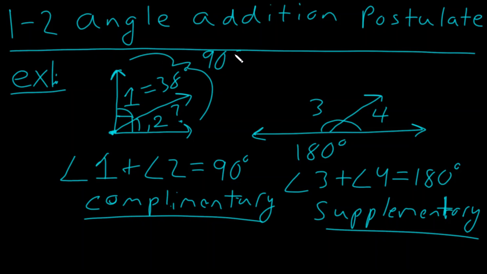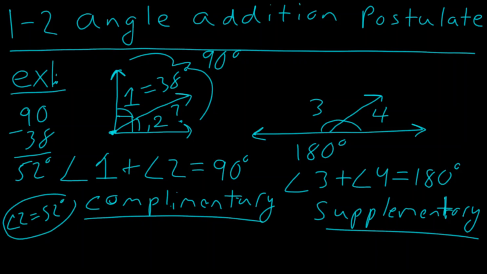In this case, the whole is 90 degrees. And remember, whenever you have the whole and a part, you should always subtract. So if we're to do 90 minus 38, which I believe should be 52 degrees, well, there you go. We can say angle 2 is equal to 52 degrees.